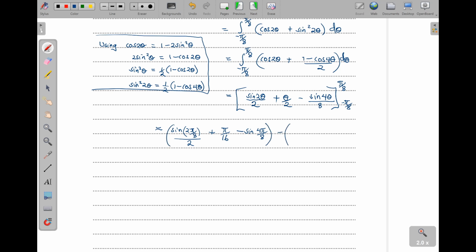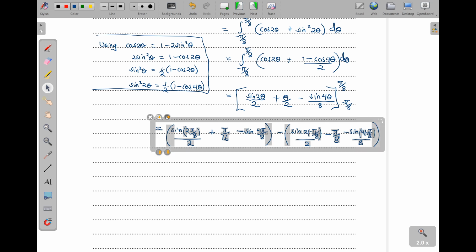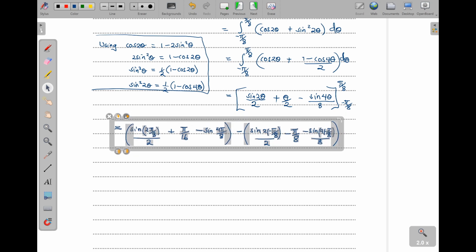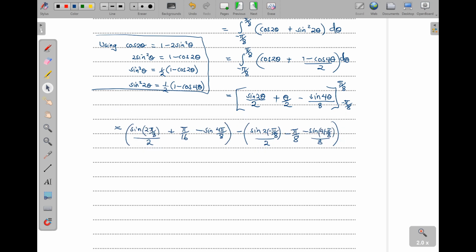Then we subtract sine of 2 times negative pi over 8 over 2, then plus minus pi over 8, and then minus sine 4 times negative pi over 8, then over 8 here. Like that. Let me extend this one here.